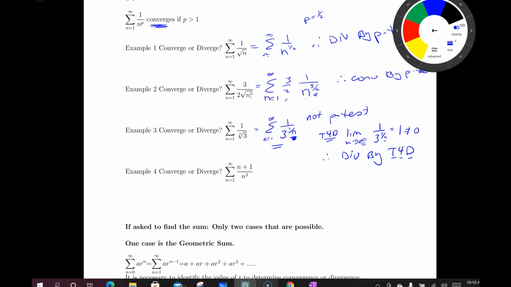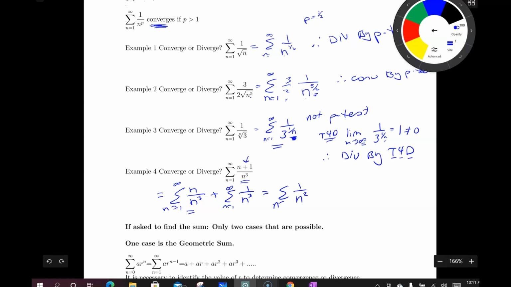Okay. The p-test has to be used on separate sums, or 1 over n to the p exactly, so you cannot use p-test the way this is written. So I'm going to need to break it up around the addition in the numerator. So I have 2 separate sums. Simplifying this one, I get 1 over n squared.